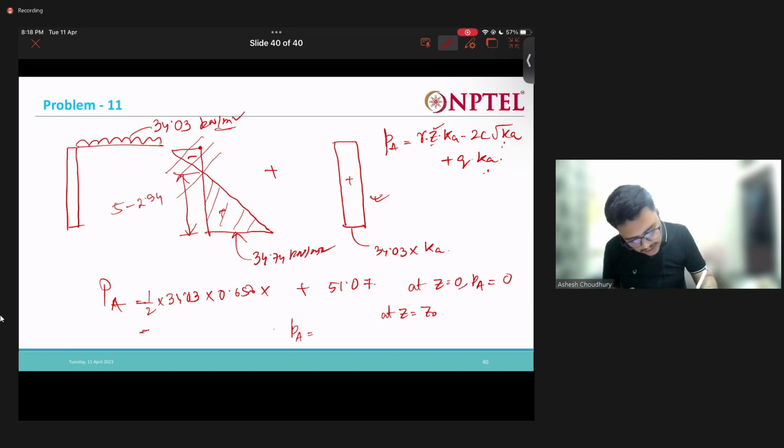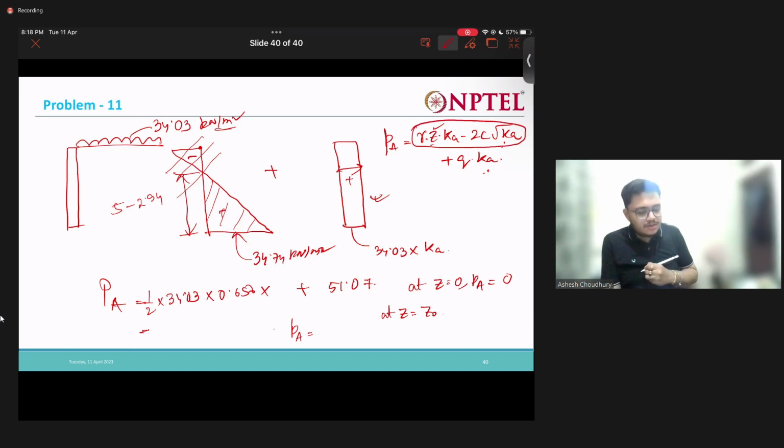So just this part will be coming, right? At Z equal to Z naught, this portion is 0, isn't it? So up to this level only this part is coming. Completely this part we are getting 0 only.